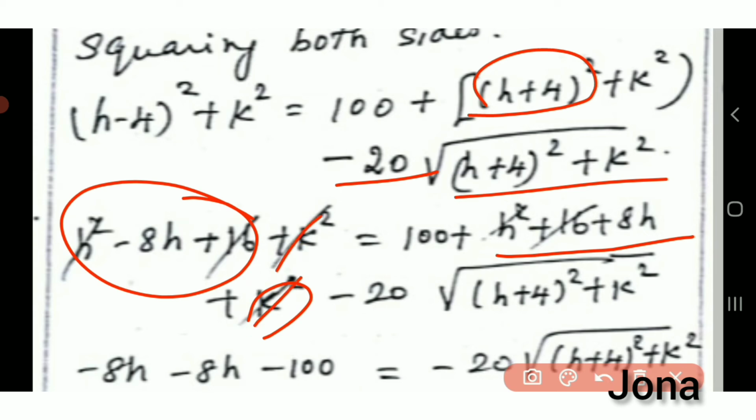So in the left hand side we simply have the remaining terms. Now we can take this 100 to the other side.